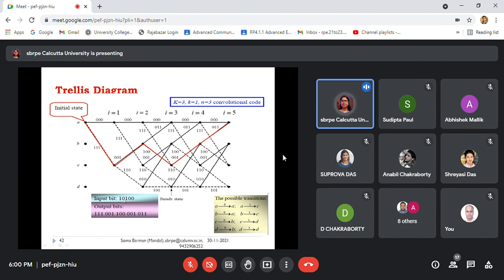Here the bit 0 is coming, so we have to choose the upper path, which is marked by the red. It goes from the B node in the third stage to the B node, and the output branch is 0, 0, 1. So the 0 bit is encoded as 0, 0, 1.